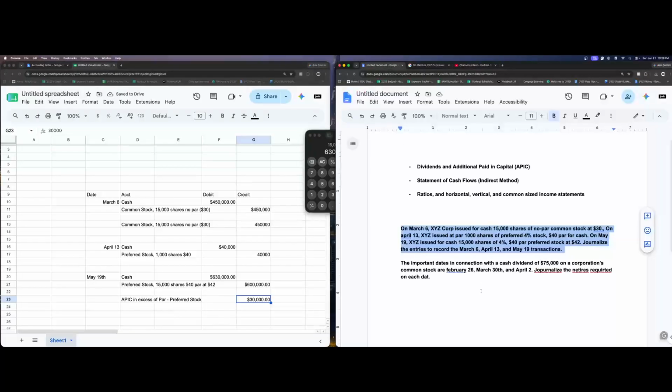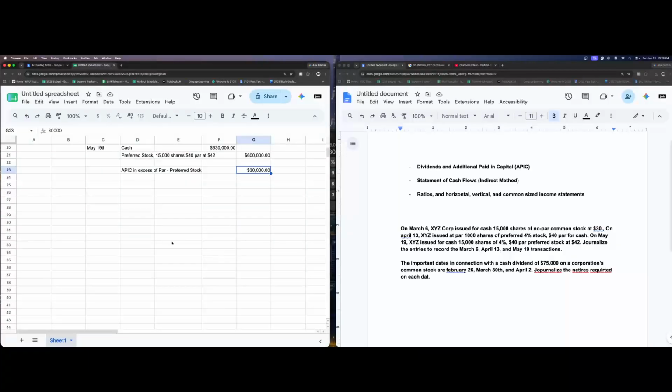But there's another part that's important. First off, there's a declaration, and then there's the recording, and then there's the actual distribution.